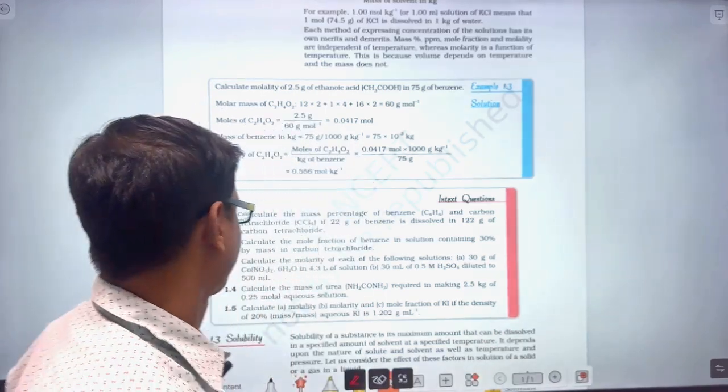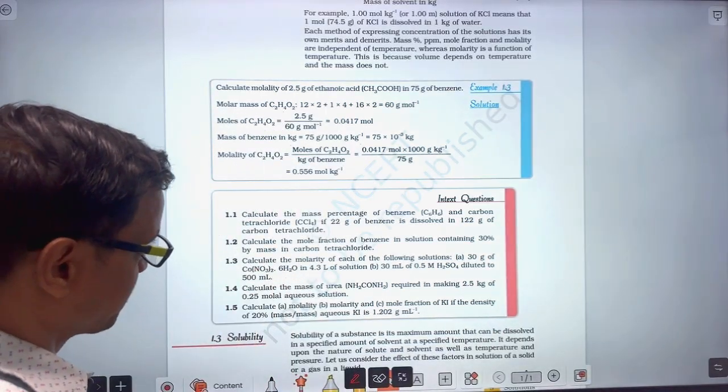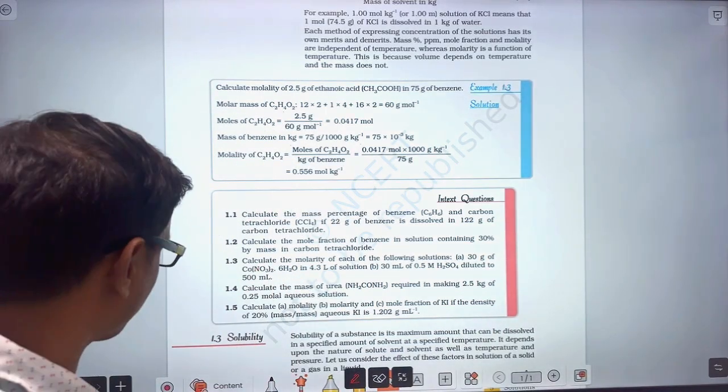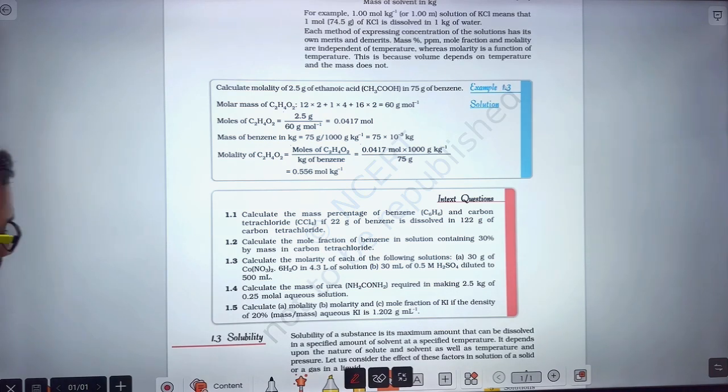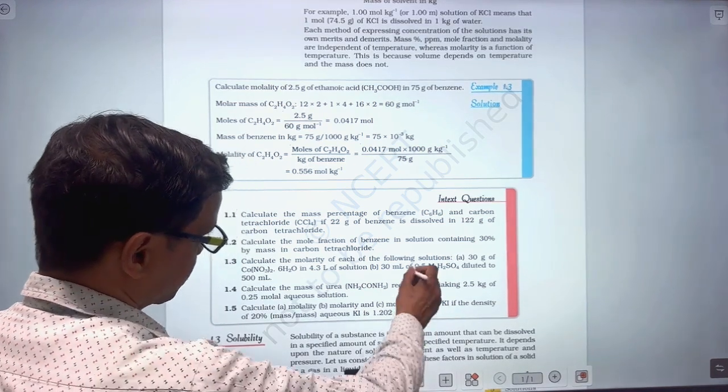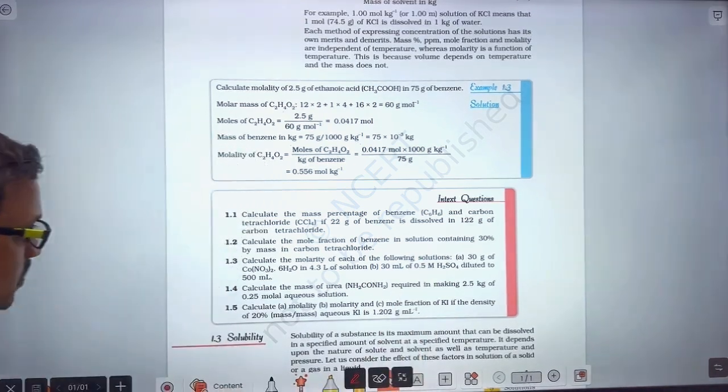Okay, let's go. Calculate the mass percentage of benzene and carbon tetrachloride if 22 gram of benzene is dissolved in 122 gram of carbon tetrachloride.